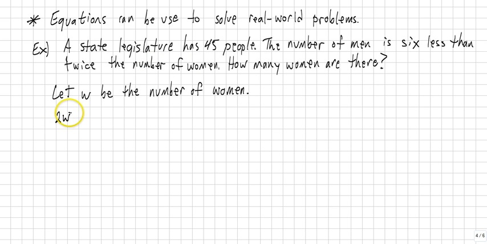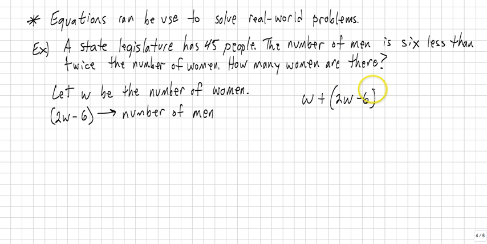So twice the number of women, but 6 less than that. That would be the number of men. And I know that together the men and women make up the entire legislature. So we add those together and get 45. So W plus 2W minus 6 should equal 45.